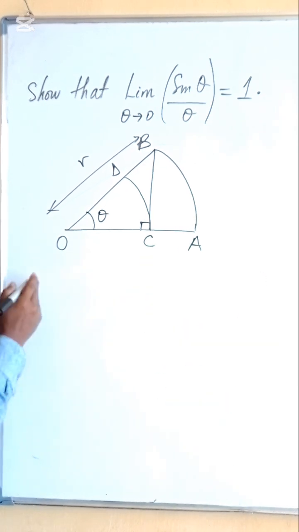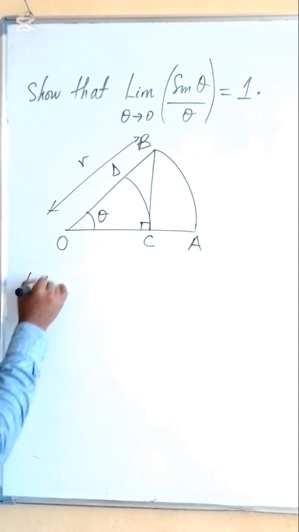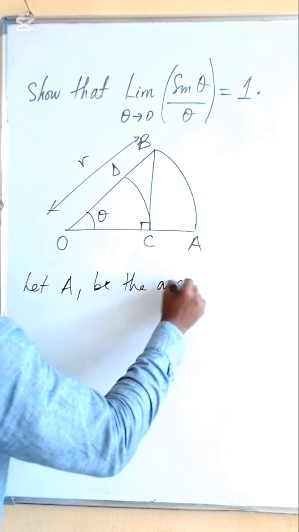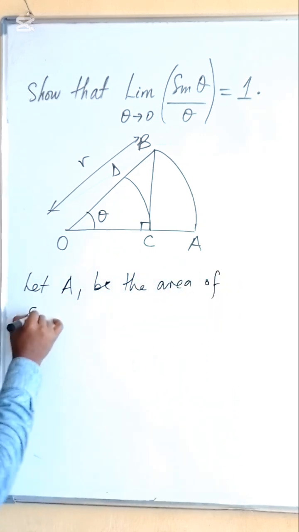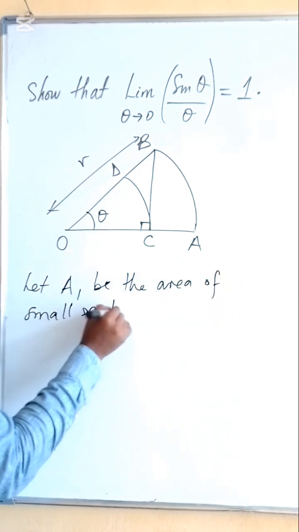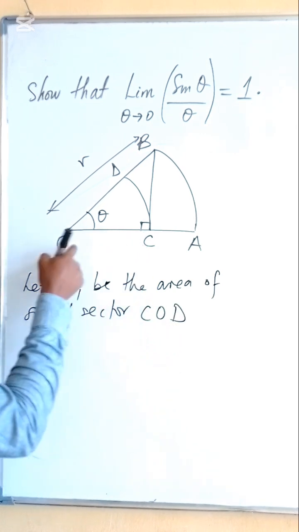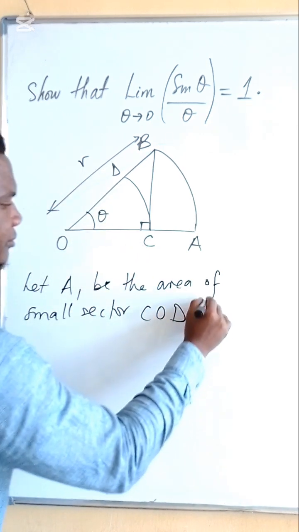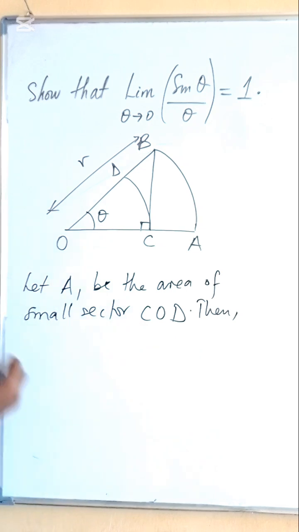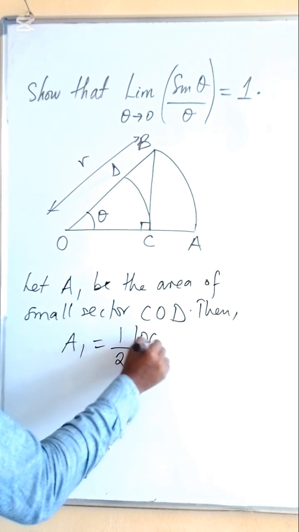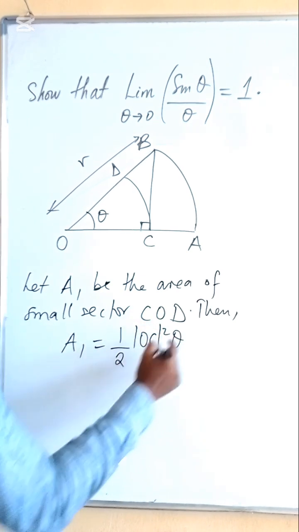So let us do the following. Let A1 be the area of small sector COD. Then we have the following. A1, according to what we had established as the area of a sector, will become 1 over 2 OC squared times theta.